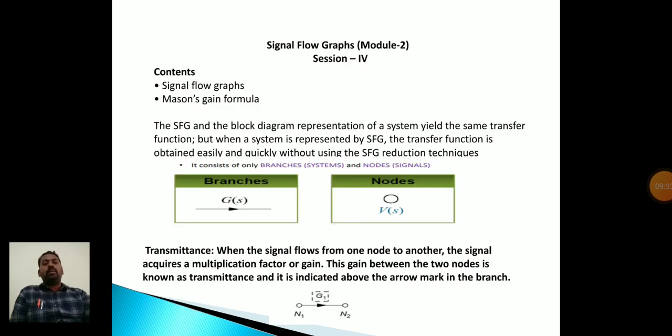So this is about the signal flow graph. We have seen the disadvantage of the block diagram and the advantage of the signal flow diagram, that is, why we go for the signal flow graph rather than the block diagram.